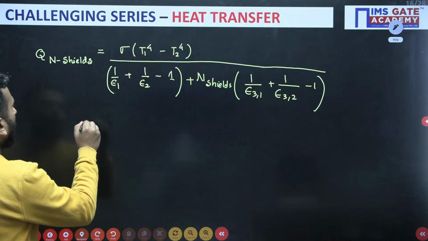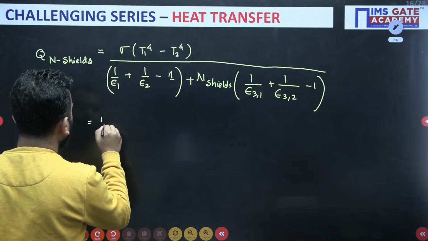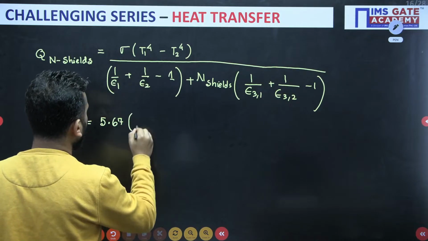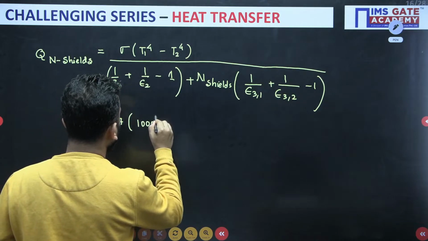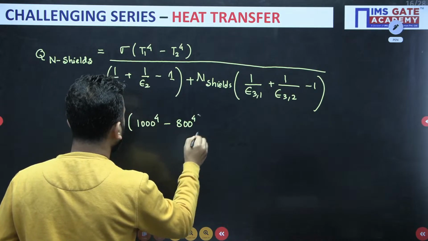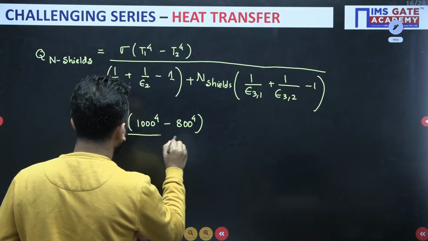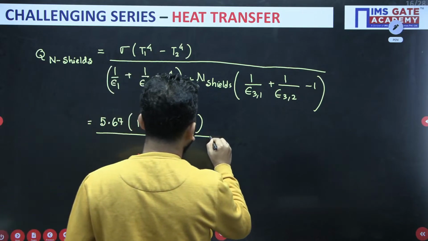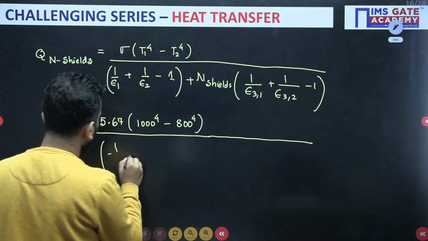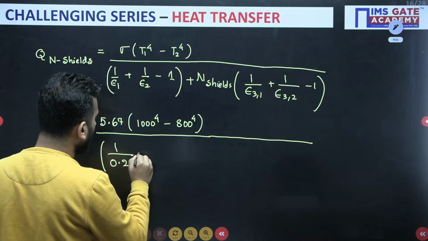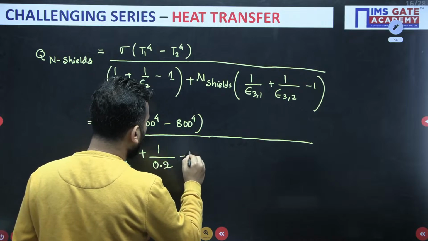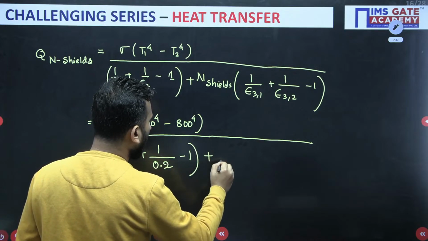So when you will substitute all the values, N shields.